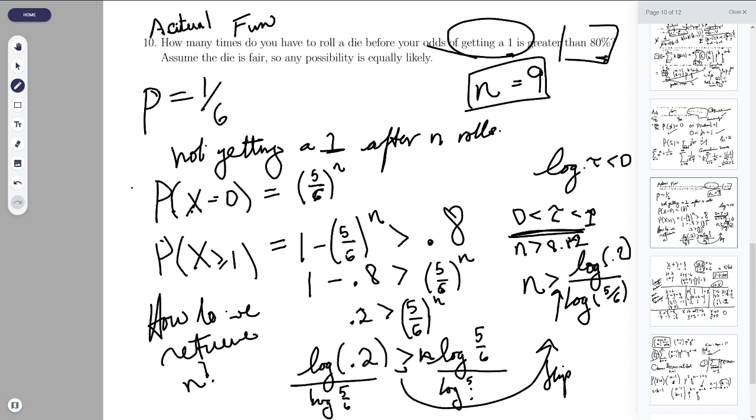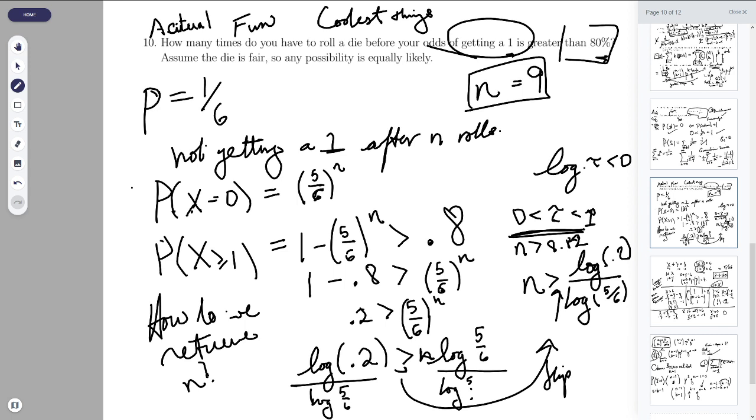Isn't that a lot of fun? I think this problem is just one of the coolest problems. Plus, it gives us an excuse to use logs.